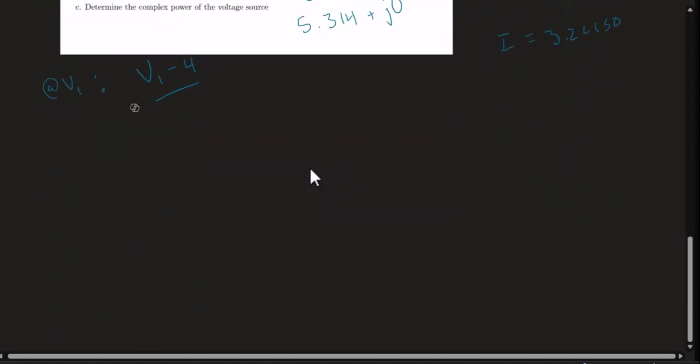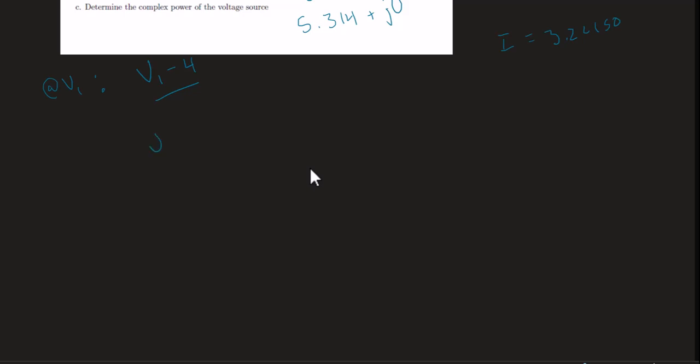So V1 minus 4 over J100 minus 2 angle 0 plus V1 minus. Now notice I'm not actually finding VL, and I'll explain that in a minute.